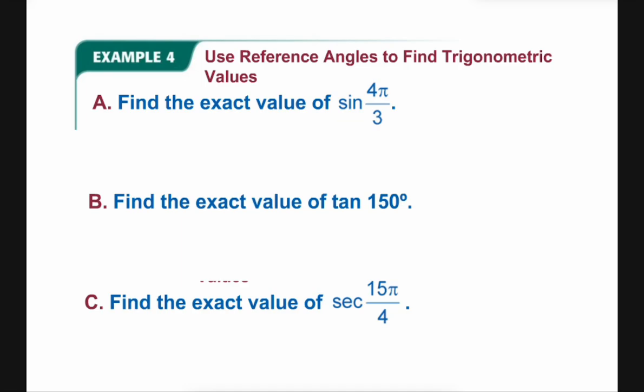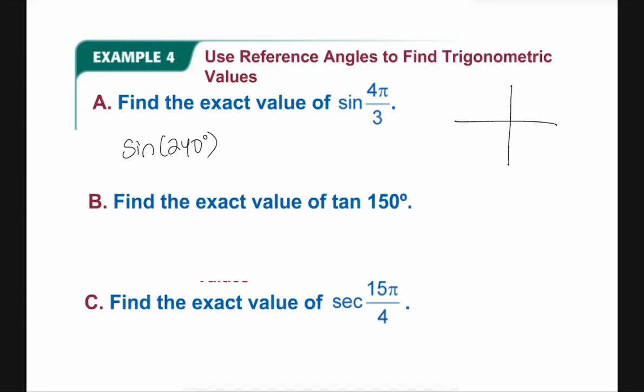So let's actually practice using our unit circle. If you want to have your paper copy in front of you, this is a good time to have that out. 4 pi over 3, if you think about the fact that pi over 3 is 60, 4 of those is 240. I am a person that thinks better in degree measures, if that tells you anything.